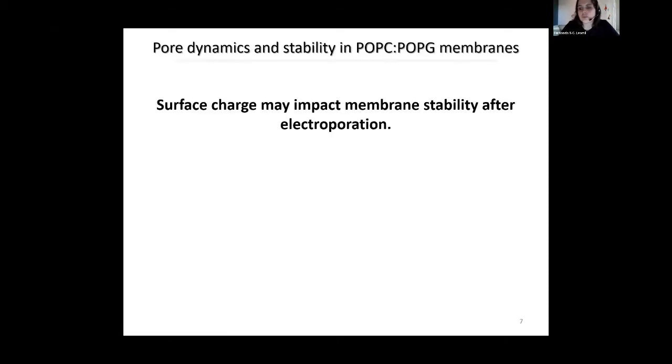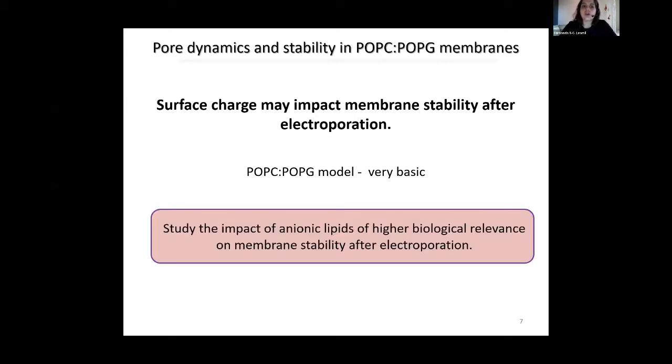So these results with POPG were an indication that the surface charge may impact the membrane stability after electroporation. However, this PC/PG model is still very basic when compared to all the complexity of biological membranes. So it would be interesting to study the impact of anionic lipids of higher biological relevance on the membrane stability after electroporation. And that was the main goal of this work.